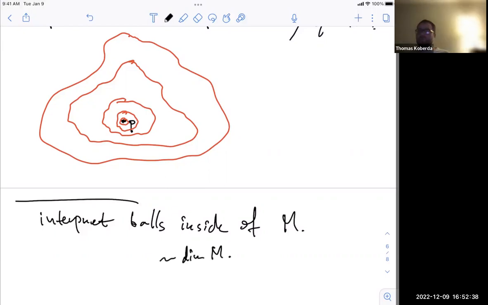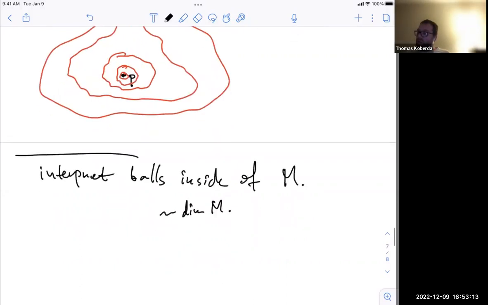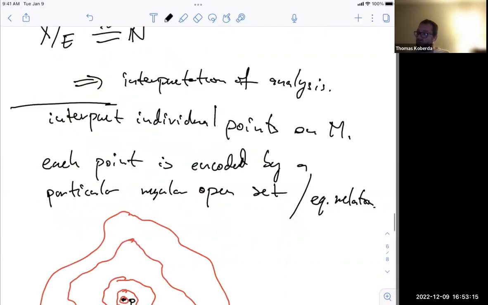Once we knew what points were, then we could talk about when a particular collection of regular open sets covers, if you know how many sets there were in that collection, so that you could actually quantify over it. If you know what points are, then you can talk about covering, and it's possible to encode enough dimension theory to detect the dimension of M.